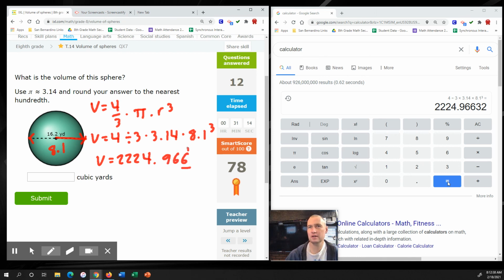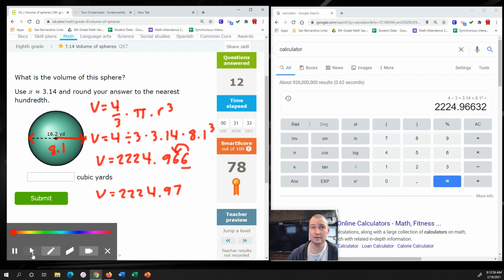Because the thousandths place is a 6, we need to round the hundredths place up by 1. So therefore, volume equals 2,224.97, which will get us to a smart score of 80 or higher, if I did it right.